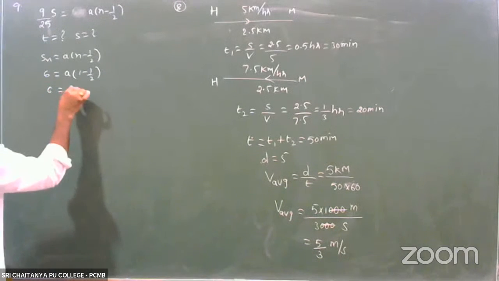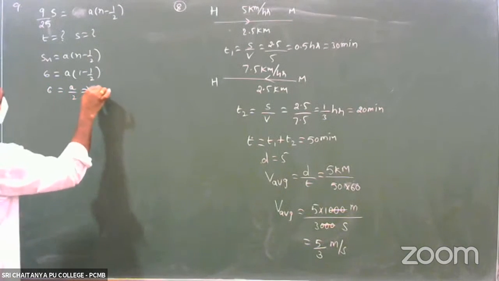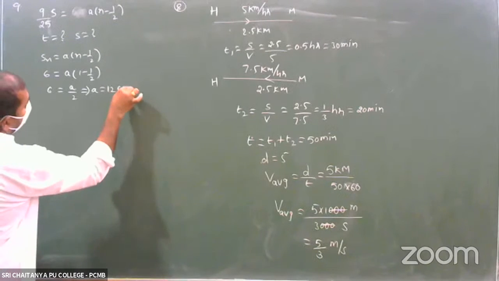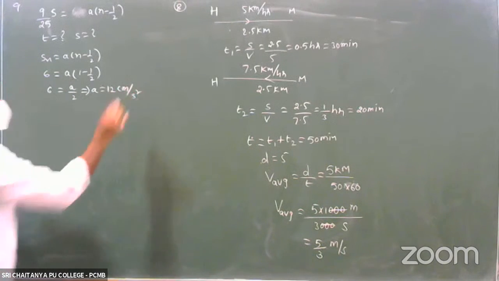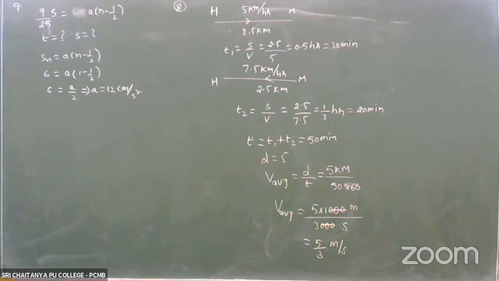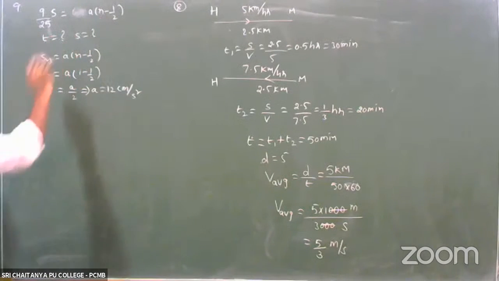So 6 is equal to a by 2, which implies a is 12 centimeter per second square. Now you got the a value. Now we have to find n. n is what, time or not? Total time. Last second means total time only.